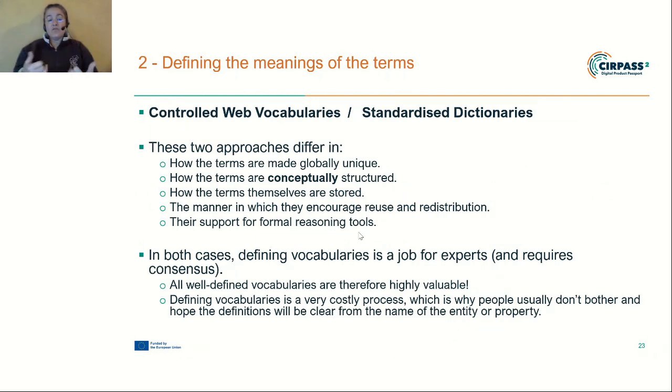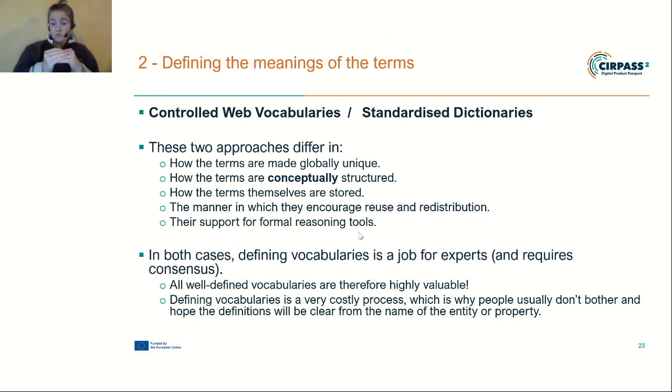Before going deeply into describing what a controlled web vocabulary is, I want to state that while their goal is exactly the same, they do differ in how the terms are made globally unique. The terms need to be globally unique because I'm sending my DPP halfway around the world, and when the recipient of the data retrieves some term, they need to look up this term in a globally unique way.